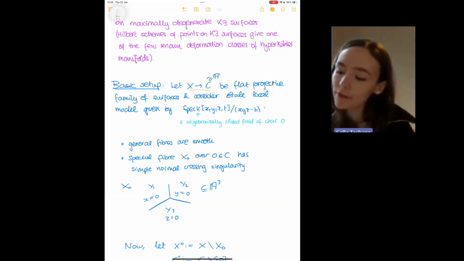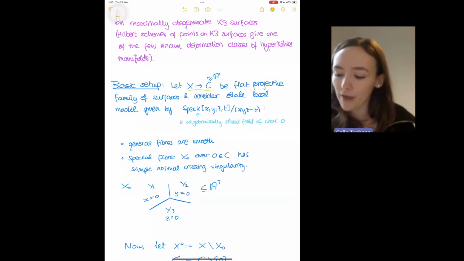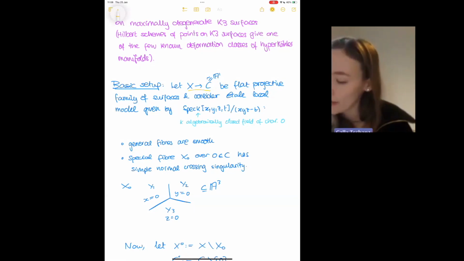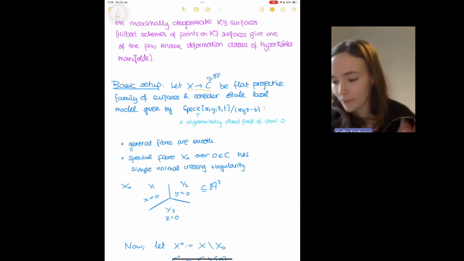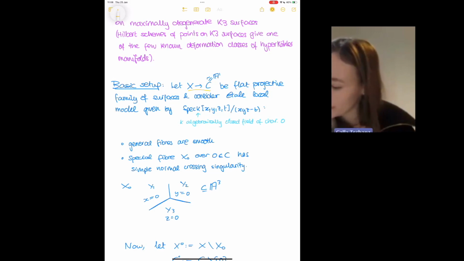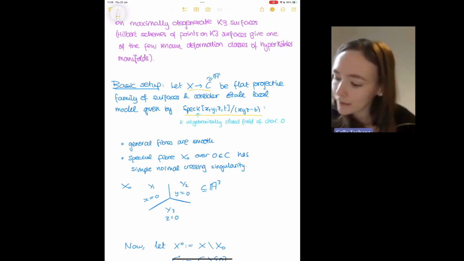And we want this family X over C to be a flat projective family of surfaces. Throughout, we're just going to consider some étale local models. So we'll look at a local picture and work with this much easier thing, where we place some étale local coordinates. This is how we want to think of our family.